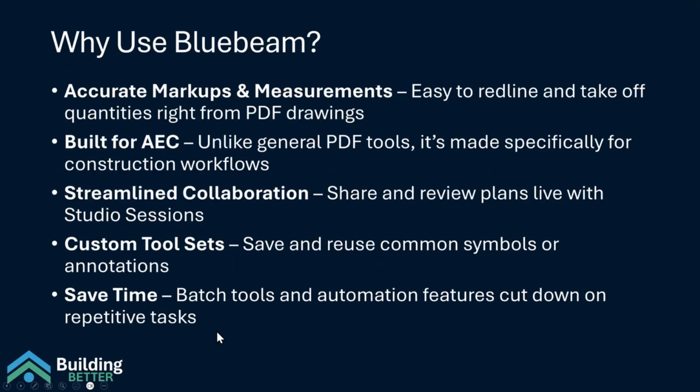Okay, and why use Bluebeam? Measurement and markup. It's built for AEC, it's built for our industry as a whole. It streamlines, like we talked about with the Studio sessions. You can build custom tool sets. So if you want to create markup and review things over and over again, these custom tool sets are really helpful. And hopefully with batch features and automation, we can make things a little faster.